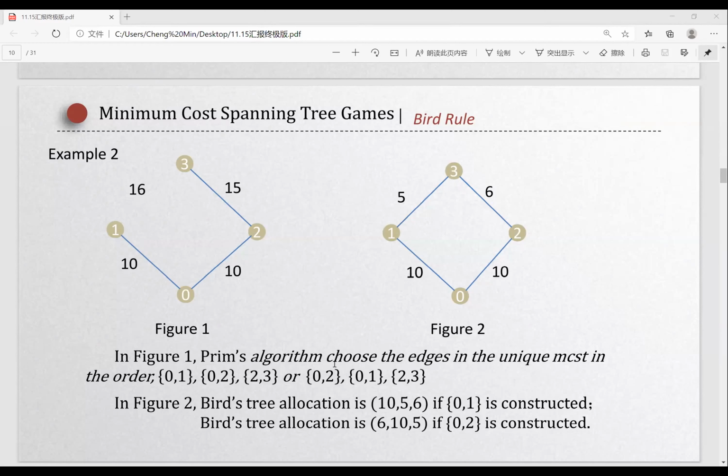So Bird's tree allocation is independent of the order in which the edges of the tree are chosen. It does, however, depend on which tree is constructed.